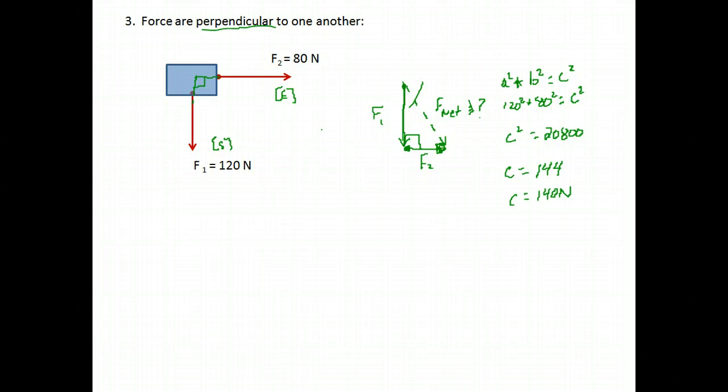Now remember, we also said that this had direction, so we need to find that angle. So don't write in or assume that your force net is going to be 140 newtons. That's half the answer. We also need to have the direction in there. So to find this angle here. So since you have the opposite side and adjacent, so this is 80 and that one's 120, we can use tan.